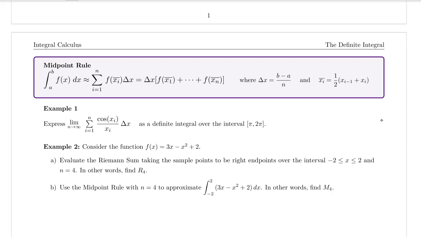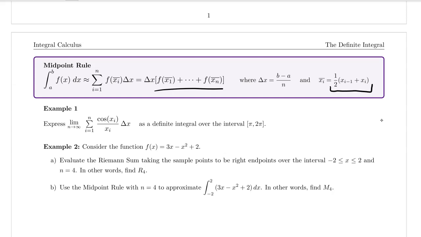And so if we expand that summation, we get these terms here, and delta x is still (b minus a) over n. The difference is now, because we're using the midpoint, that the midpoint of a subinterval is the average of its two endpoints.